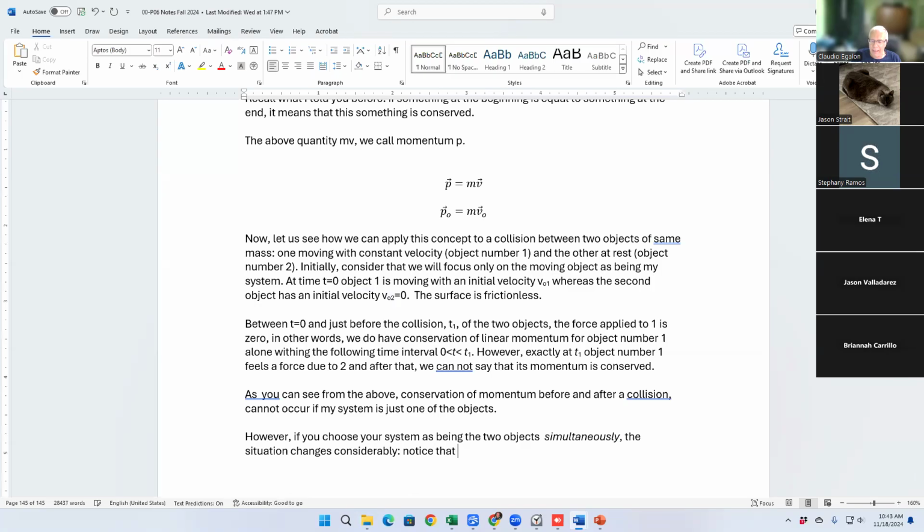Note that at the moment of collision, the net force applied to our system is going to be 0 by virtue of Newton's third law of motion.